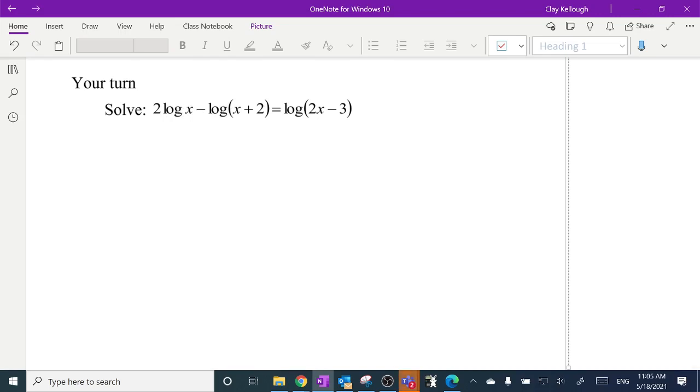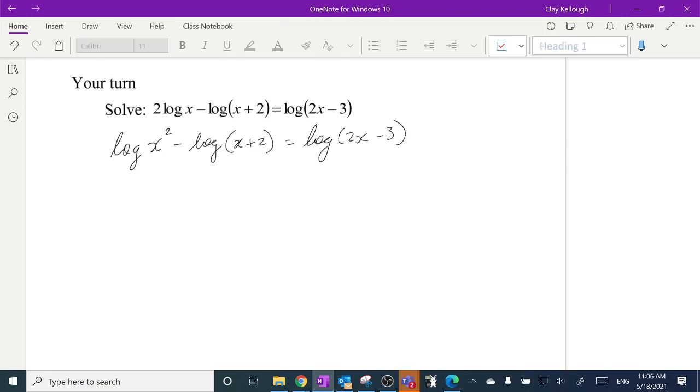We are going to turn this coefficient into an exponent because log law 3 says we can. And then we're going to turn the subtraction into a divide, because log law 2 says we can.